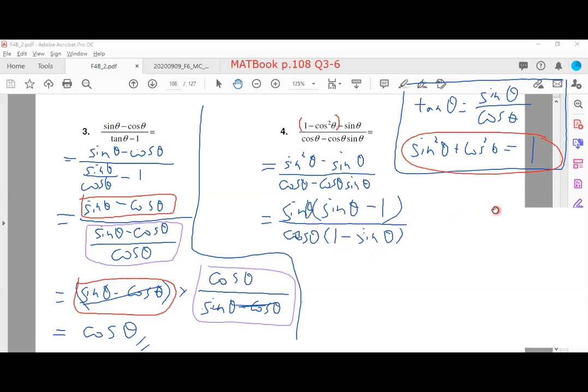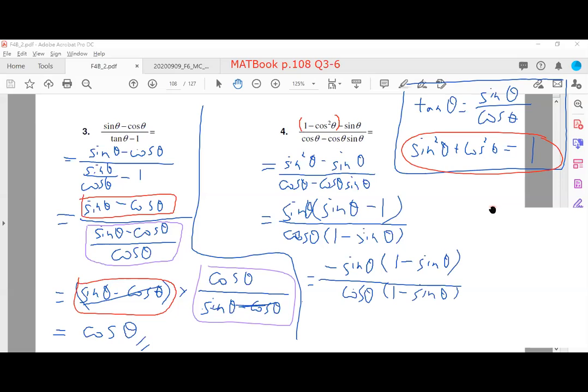So we change the upper one, we take out the negative sign, it becomes negative sine theta, and then swap the subtraction, it becomes 1 minus sine theta, divided by cosine theta times 1 minus sine theta.